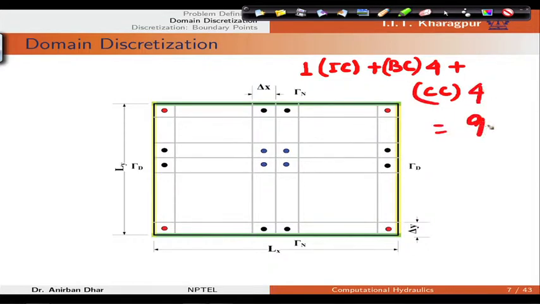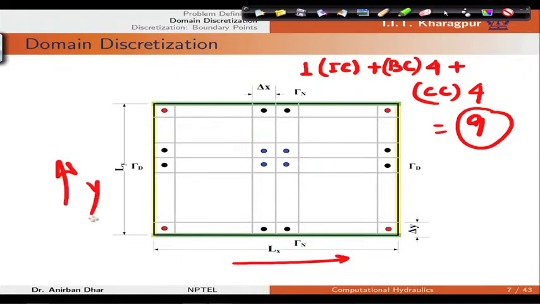So, all total we need to consider 9 conditions for this problem. Obviously, this is Lx and Ly, this is the y direction, this is the x direction.